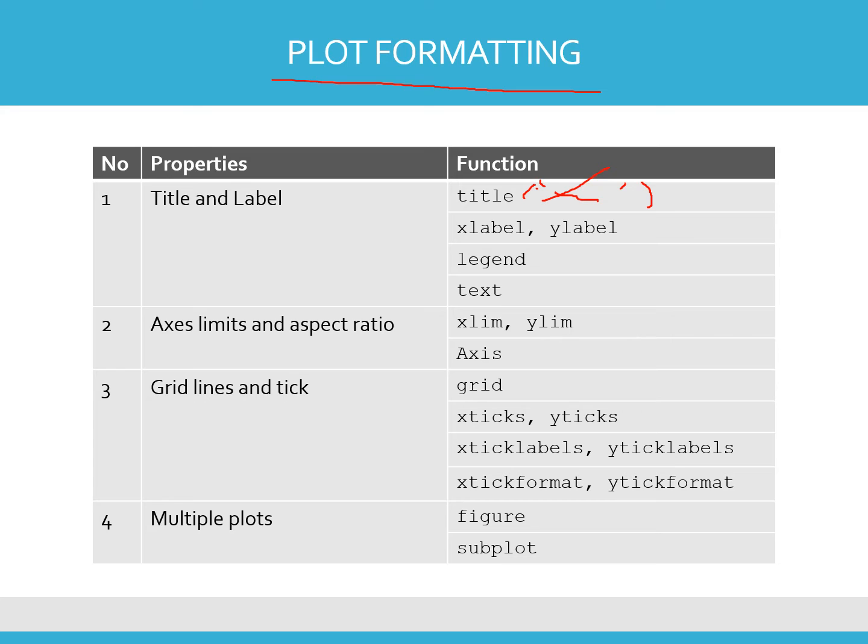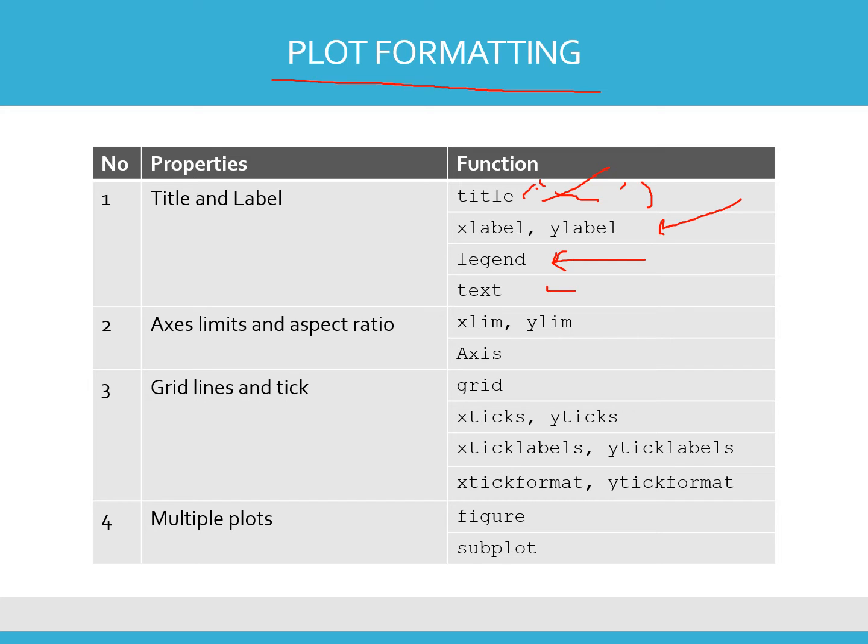Then you have xlabel and ylabel, which are just the X axis label and Y axis label. This one is legend, of course you know the legend. If you have multiple plots inside the graph, you can use legend to differentiate between them.